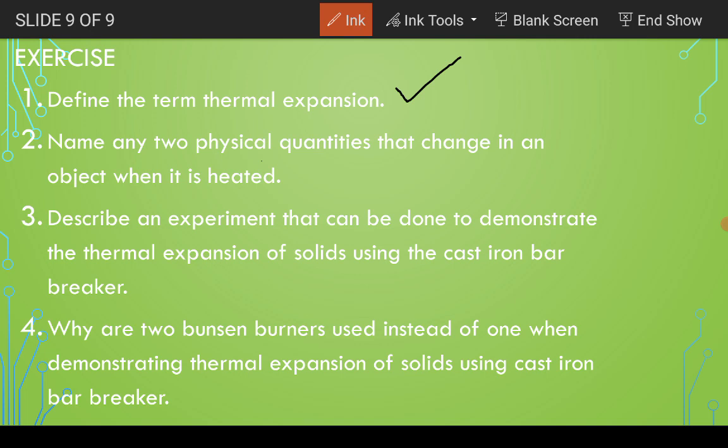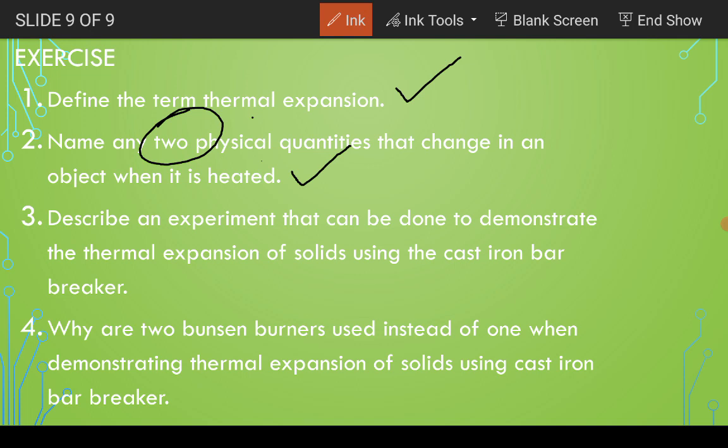Name any two physical quantities that change in an object. We mentioned in the course of the lesson that three quantities change when a body is being heated. Can you mention those three quantities? But here the question is simply asking for two, any two.